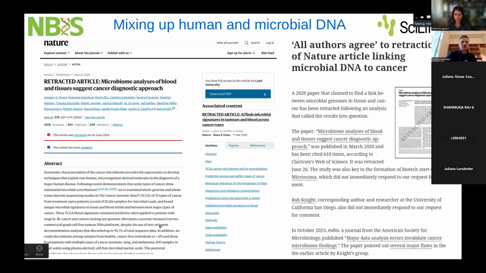The authors thought they were working with microbial DNA from the TCGA project, a cancer project. The aim of the paper was to analyze microbial DNA from cancer patients, but it turned out that a bunch of human DNA was involved in the analysis, and finally the paper was retracted. It shows that it's very non-trivial to disentangle different types of DNA.